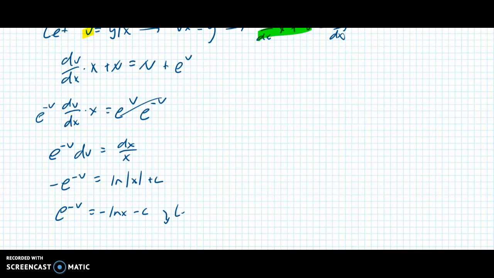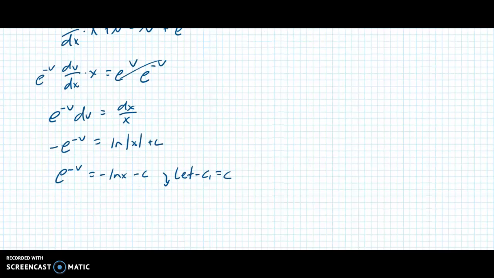And here I'm going to let c1 equal negative c, and then I'm going to label that as c, kind of standard practice that I like to use. Gives me e to the negative v is c minus ln of x, and that just looks a lot nicer to me and makes me happier.